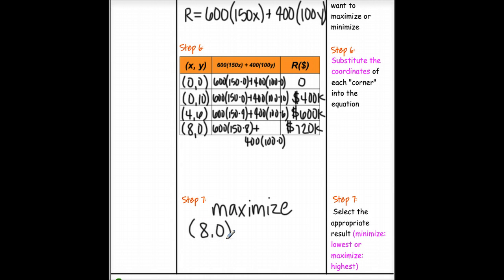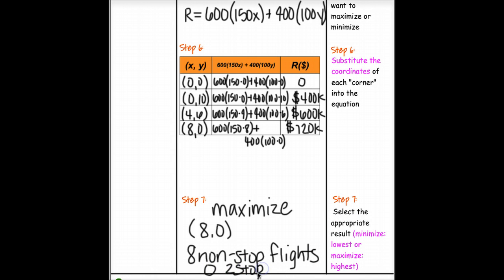This means that they want to sell 8 non-stop flights and 0 two-stop.